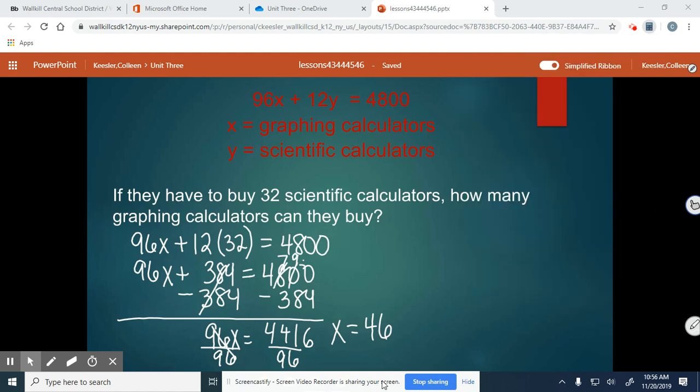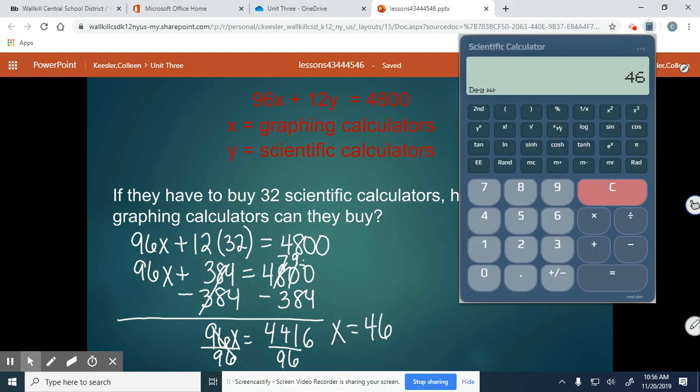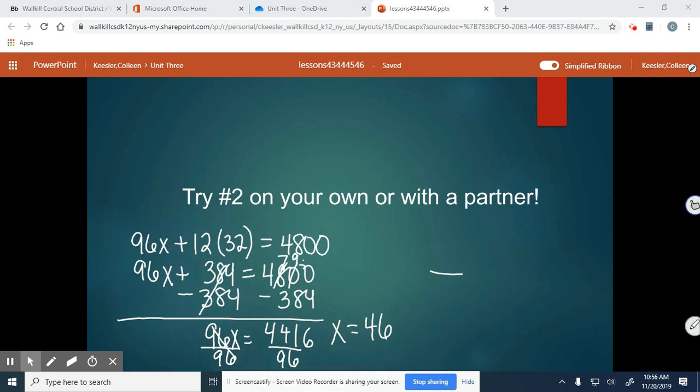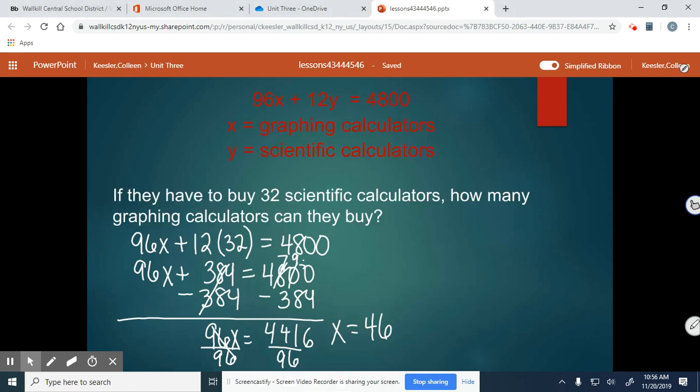So if I am buying 32 scientific calculators, I can get 46 graphing. So same idea as what we did yesterday, just using the problem to figure out one variable given the other.